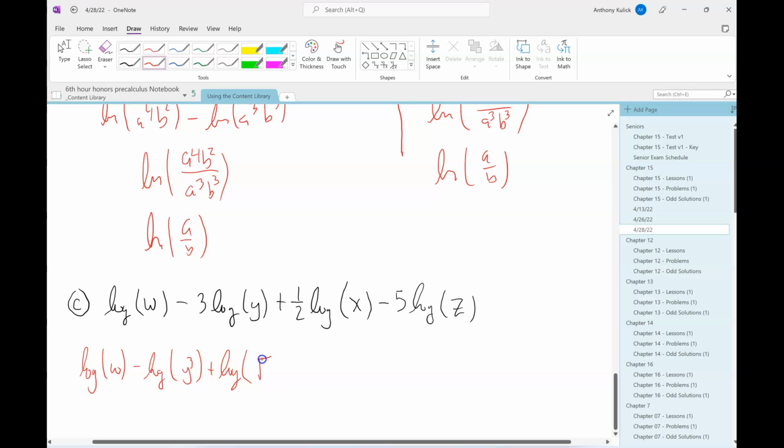Now remember, a 1/2 exponent is the same as a square root. I'm going to just go ahead and write the square root in there.